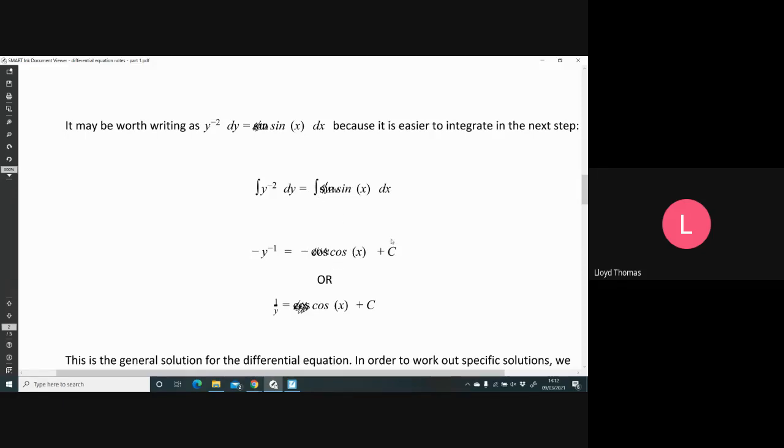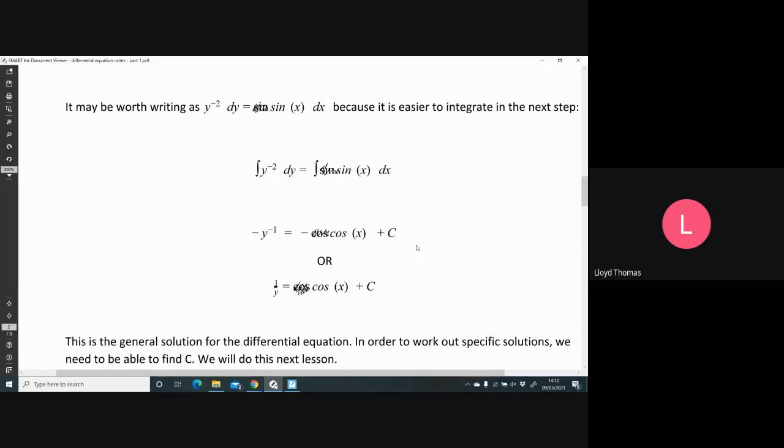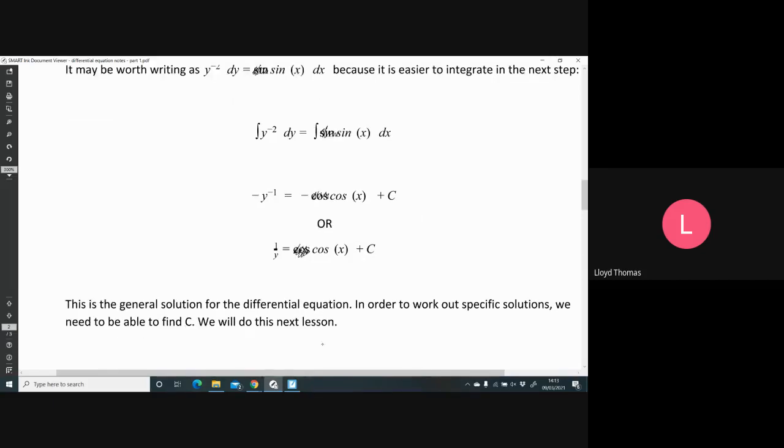Okay, and you could write it again in normal form, or move things over to the other side, so there's positives and not negatives there. So that's the general solution. Okay, there's a little bit we're going to do in the next lesson, which is working out specific solutions, but I'm going to leave that for now.